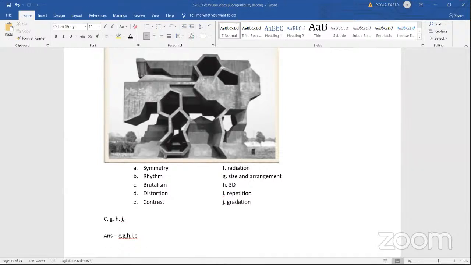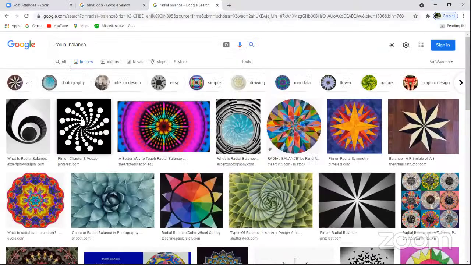I'll show it. Can you see the image? These are examples of radial balance, most of the time outwards.